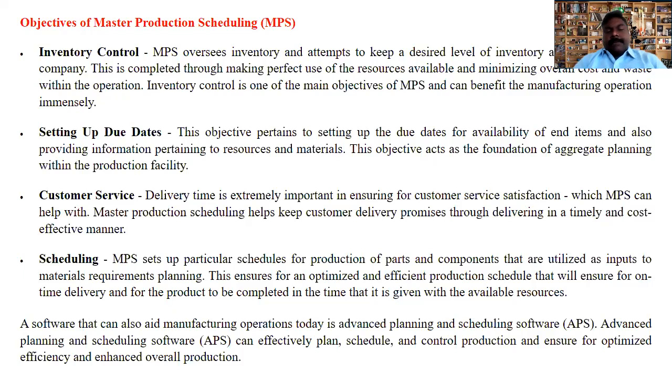A software that can also aid manufacturing operations today is advanced planning and scheduling software, that is APS, which has come into the market. Advanced planning and scheduling software can effectively plan, schedule and control the production, ensure optimized efficiency and enhance overall production.